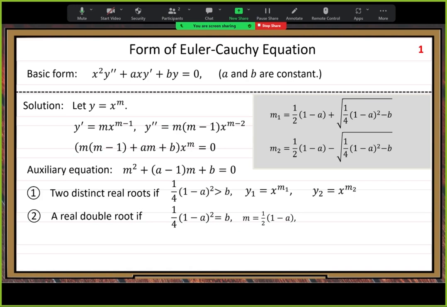The first solution y1 is easy: x to the m. How about y2? Can you guess? Because we already have experience from the previous case, what special term should we put for y2? Previously we put a special term there, right? How about this case?